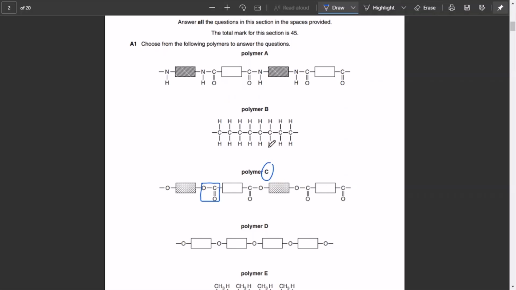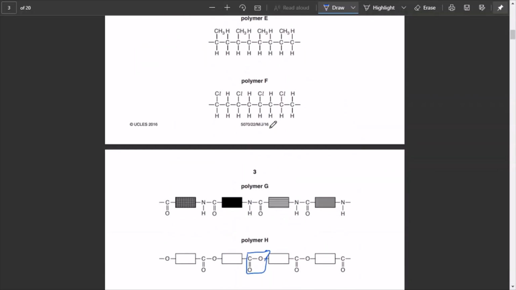There are two types of polymer, condensation and addition polymer. I'm sorry for getting confused in it, but anyways, here we see this is not the right answer. Polymer B is the right answer because this is used for making plastic and polyethylene mainly.